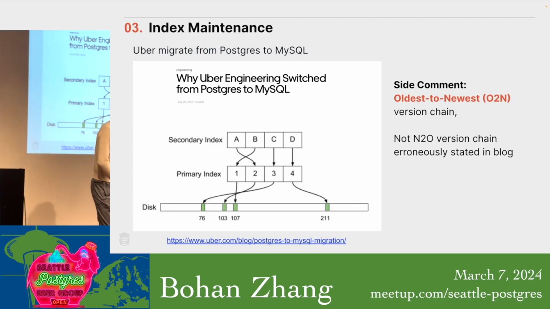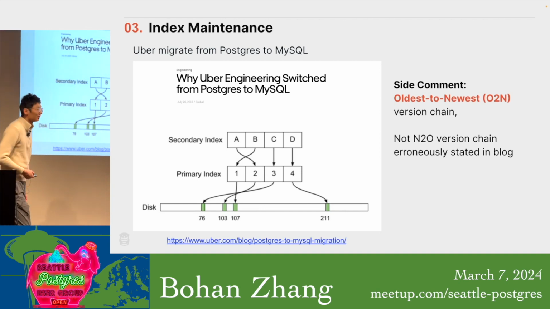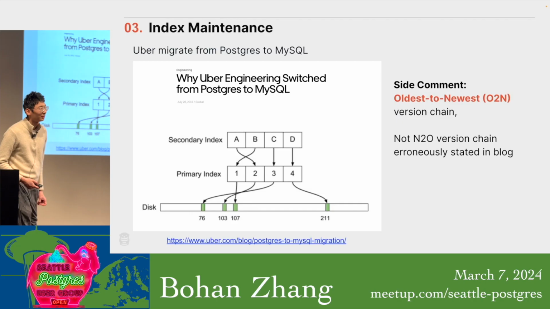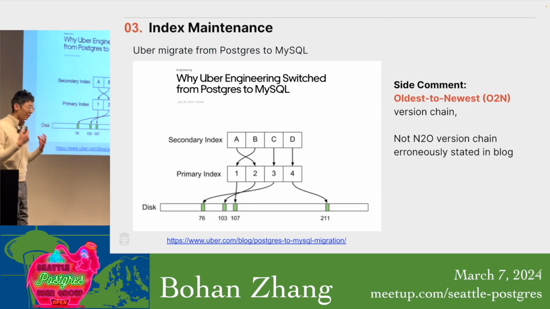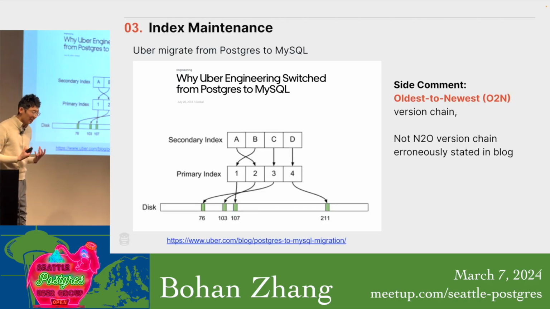I'm not really used to using replicas, but if you use a replica, will the replica also have the vacuum problem? Or can we run long queries on the replica instead of the primary to avoid the problem? So the question is, if you have a read replica, does it also have a vacuum problem?